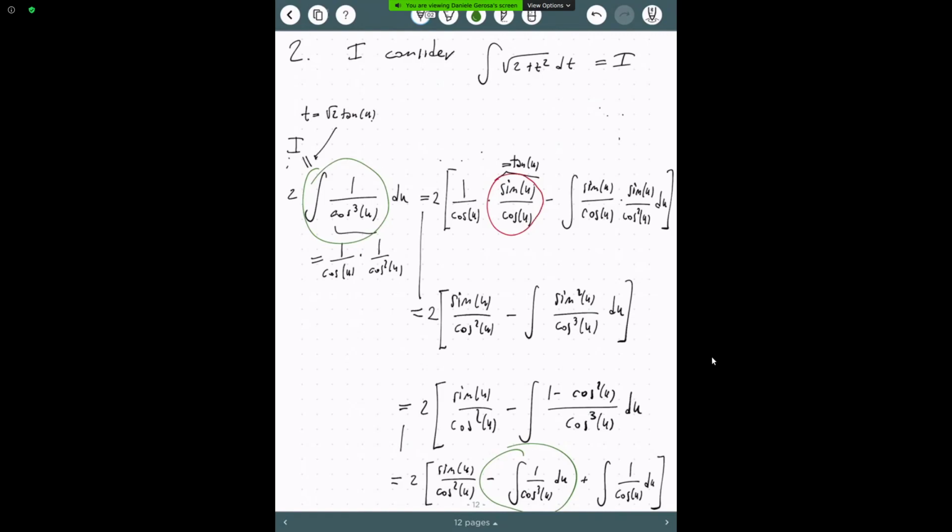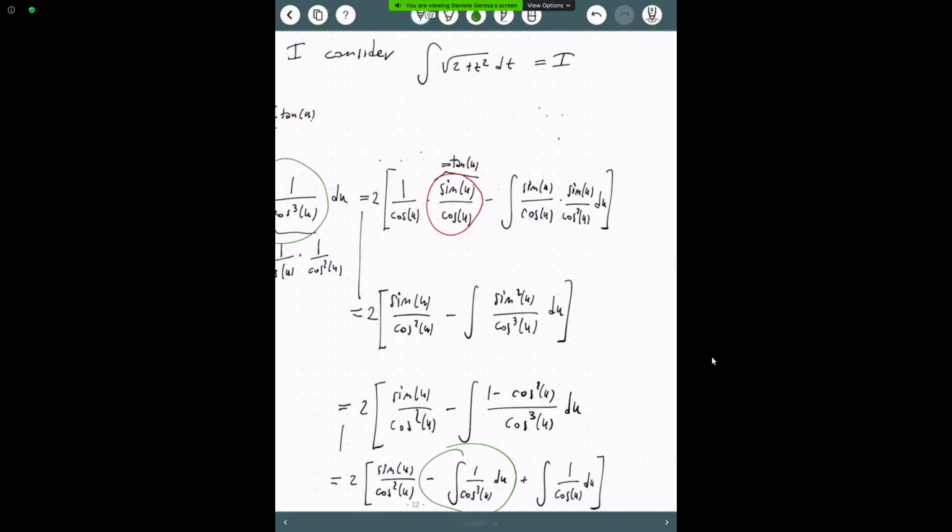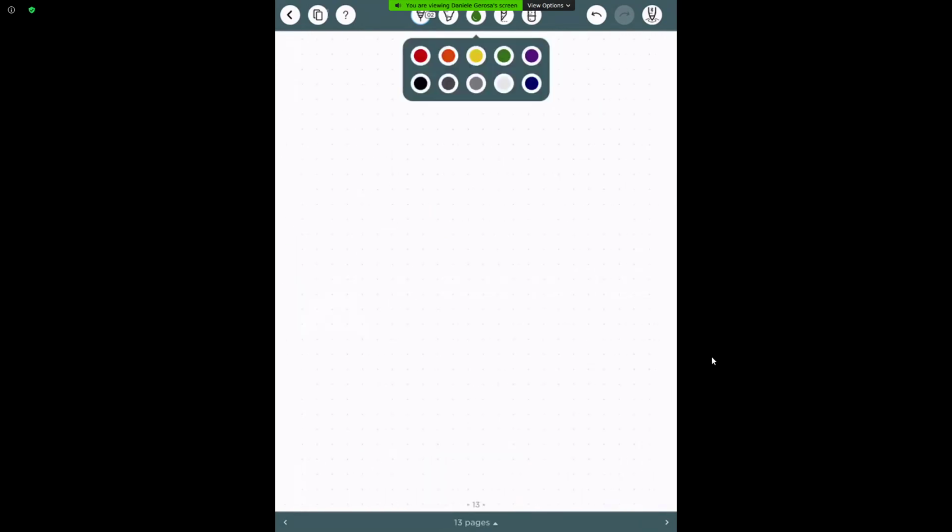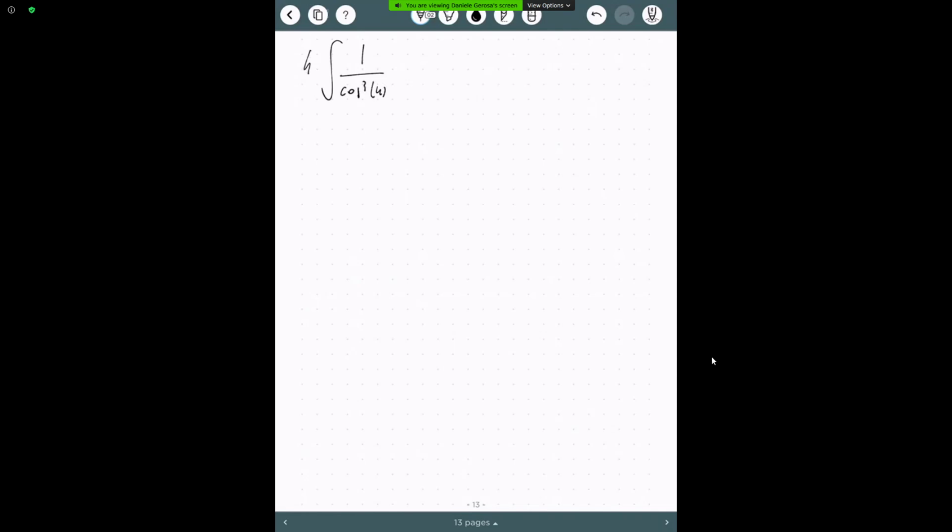If you put together the 2 green things, what we get is that 4 times the integral of 1 divided by cosine to the power of 3 of u du is equal to 2 times sine u divided by cosine squared of u plus 2 times the integral of 1 divided by cosine of u du.